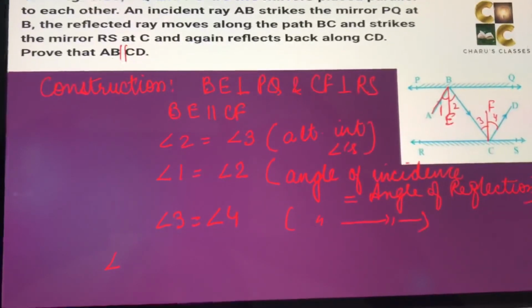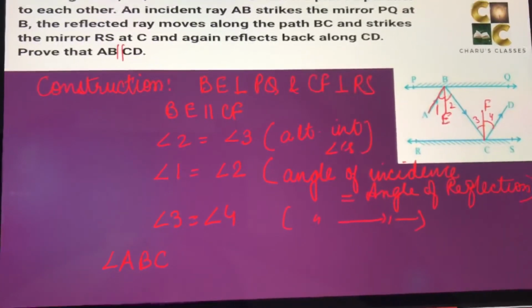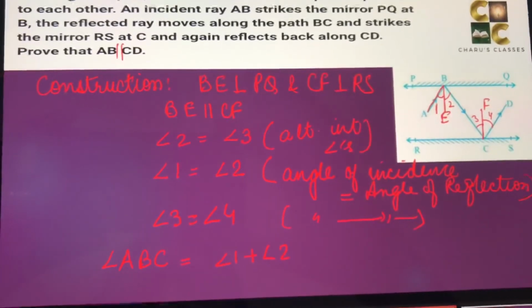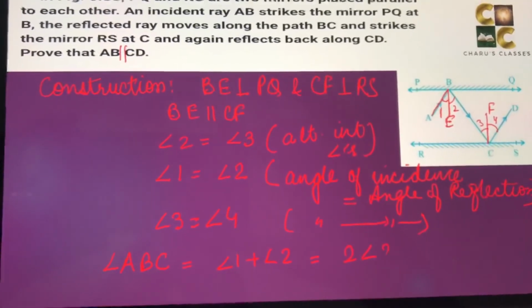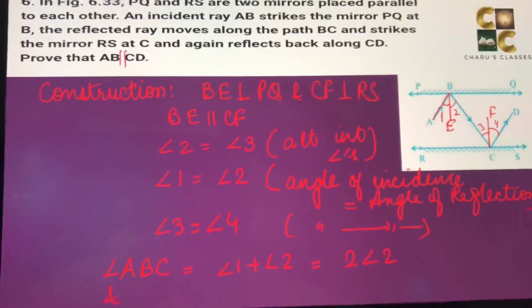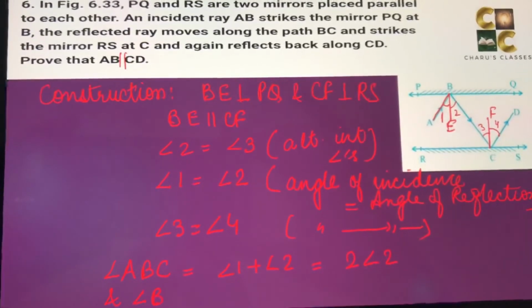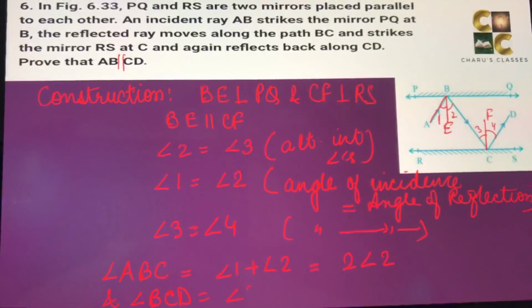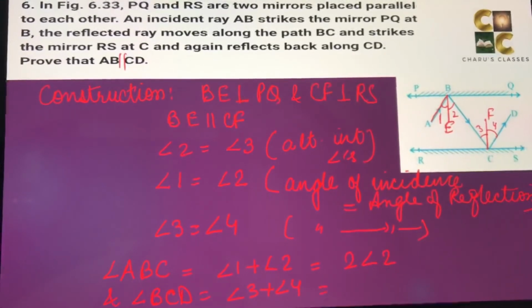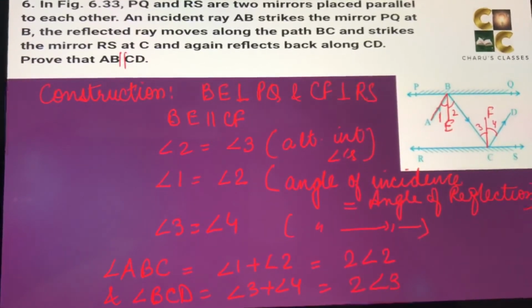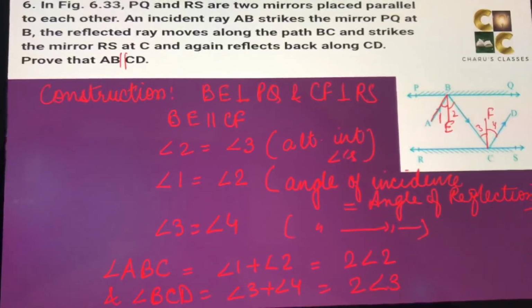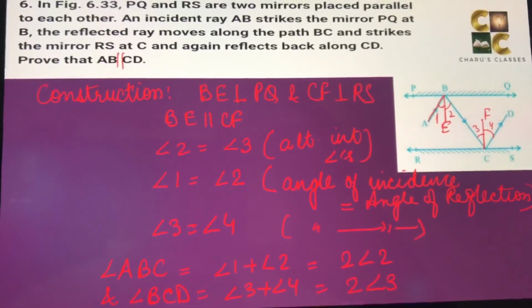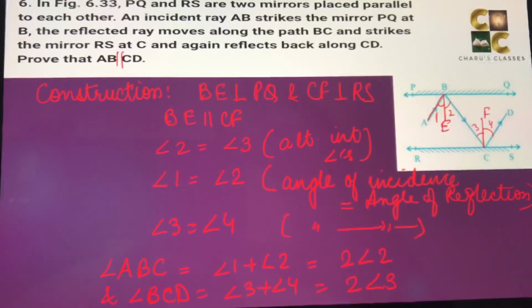So that will mean that my angle ABC, which is equal to angle 1 plus angle 2, or I can write it as 2 times angle 2, and also my angle BCD, which is angle 3 plus angle 4, or I can write it as 2 times angle 3, because angle 3 and 4 are equal. So angle 4 can be replaced by angle 3. So I can write it as twice of angle 3.